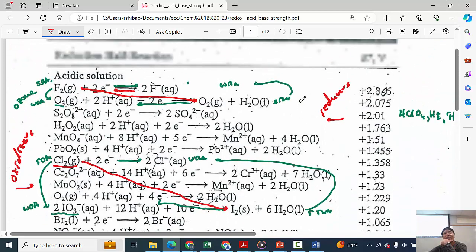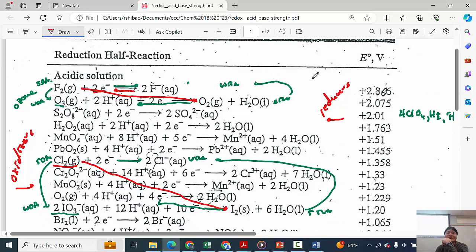How about fluoride? What will fluoride react with in redox? Anything stronger than what?